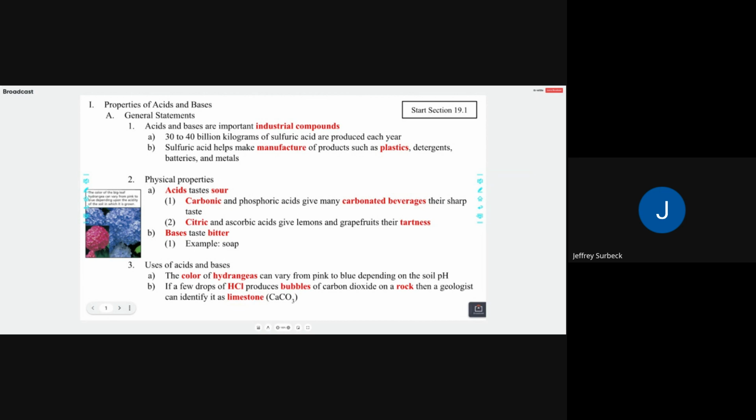With acids and bases, they play not only an important role in our industrial complex and industry in general, but also in a lot of biological processes and processes that we use every day.